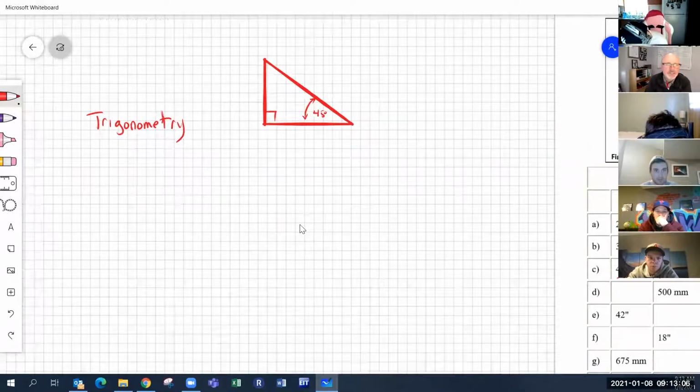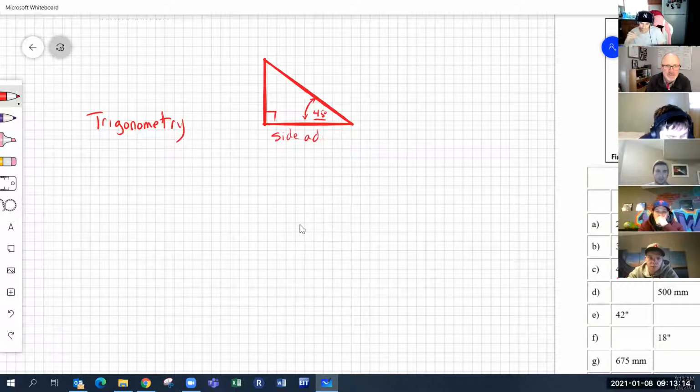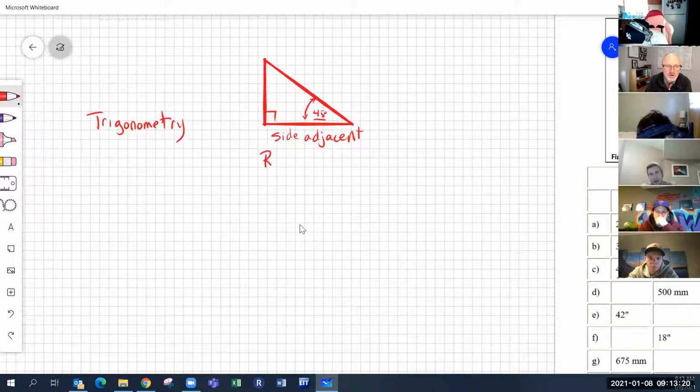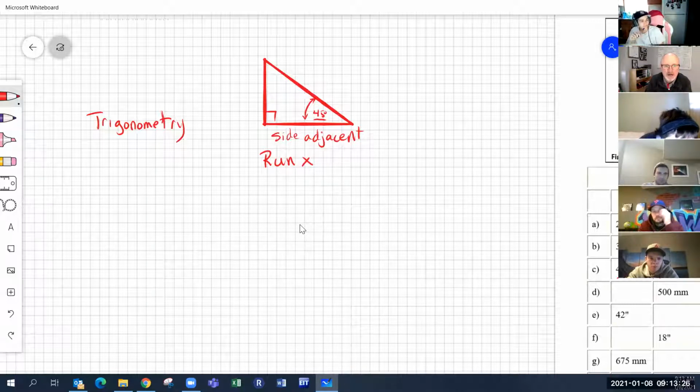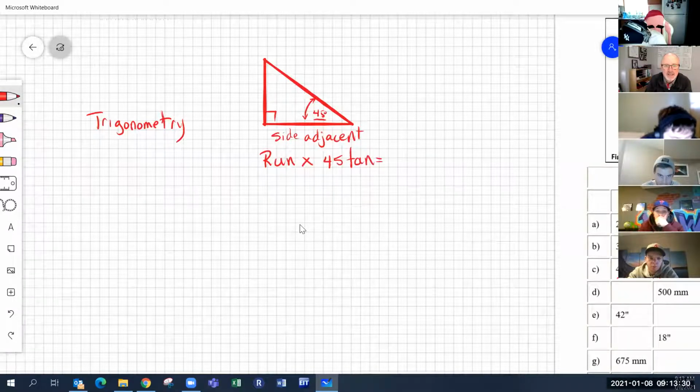So trigonometry would say you take the side adjacent to the angle. So this is the side adjacent, or we know it as the run. And if it's a 45-degree, we multiply by tan 45, and that would equal the rise.